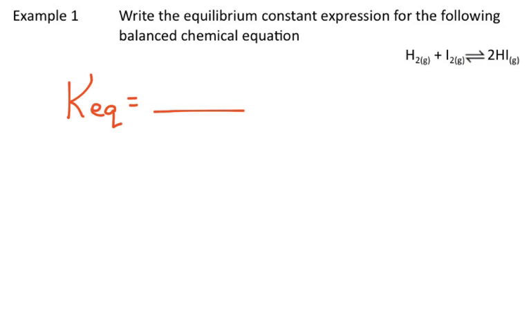So the products, the only product we have is HI. And since we have 2 HIs, that 2 in the reaction moves up and becomes an exponent in the KEQ equation. The reactants, we have 2 of them, H2 and I2, so their concentrations will go on the bottom.